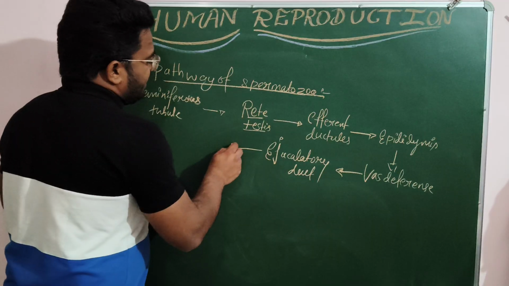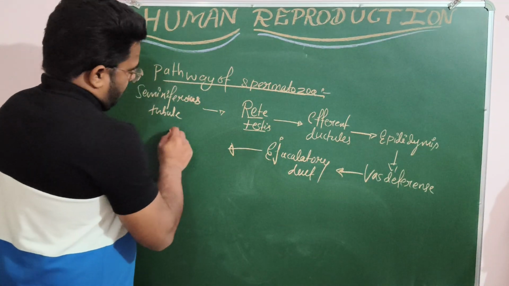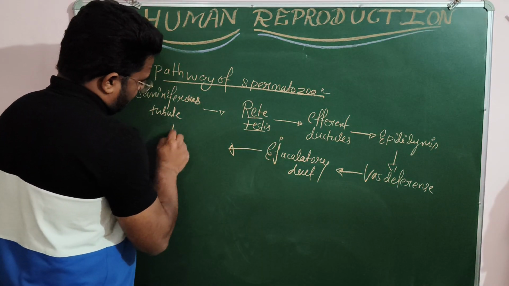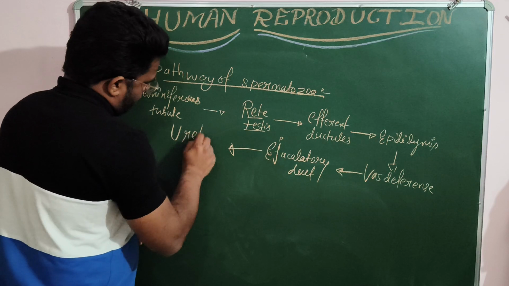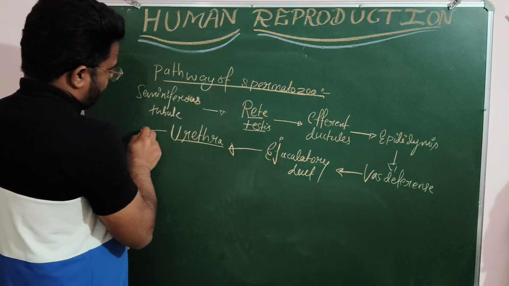After the ejaculatory duct it will pass to urethra.